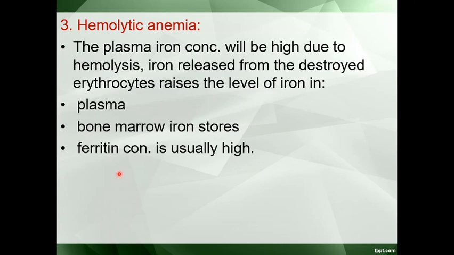RBCs are broken down, hemoglobin is broken down, and heme is released, and heme then releases iron. So the iron level will be increased in the plasma. Bone marrow stores of iron will also be increased, and ferritin concentration is usually high because it contains iron.